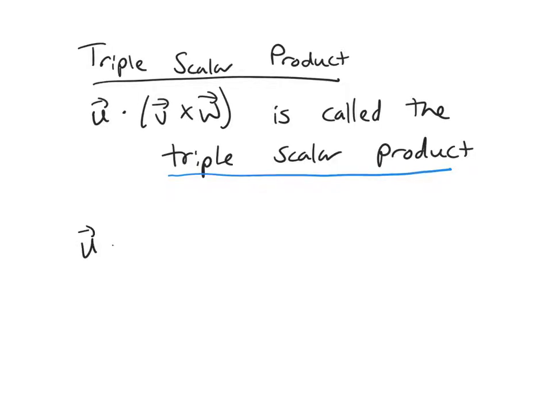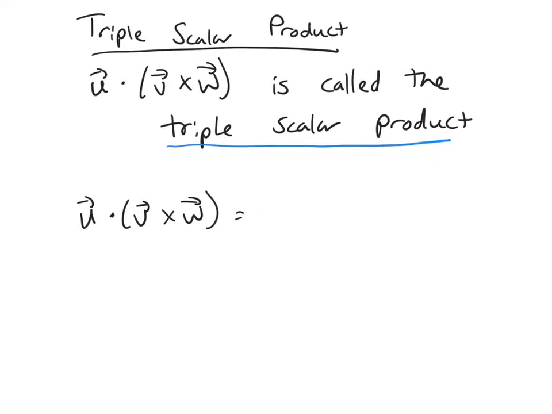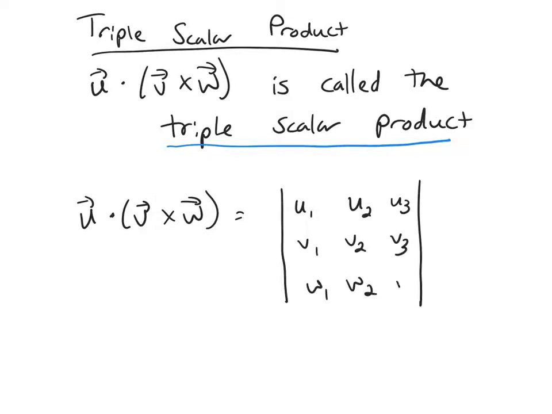If you want to compute u dot v cross w, you compute it the same way as a cross product, but now instead of having i, j, and k in that first row, you're going to have the vector u: u1, u2, u3, and then you still have v1, v2, v3, and w1, w2, w3. When you do this computation, you're going to get back a scalar, and it won't be a vector anymore.